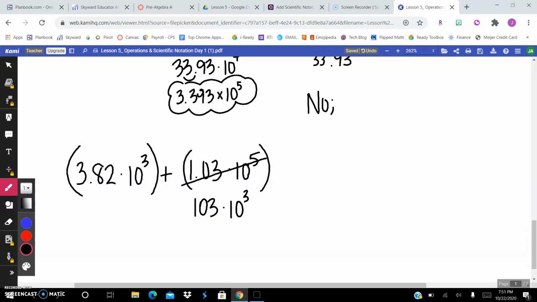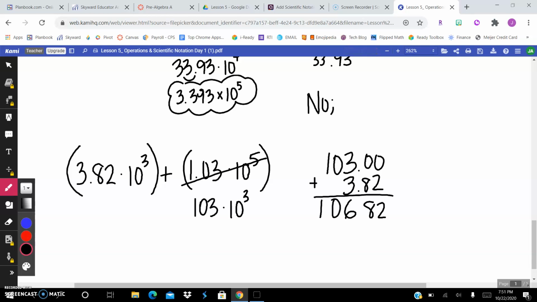We're going to add those numbers out front. So I have to take 103 and I have to add 3.82 to that. I'm going to line up my decimals and fill in empty spots with zeros. Then I'm going to add, and I'm going to bring my decimal down. So I have right now 106.82 times 10 to the third.